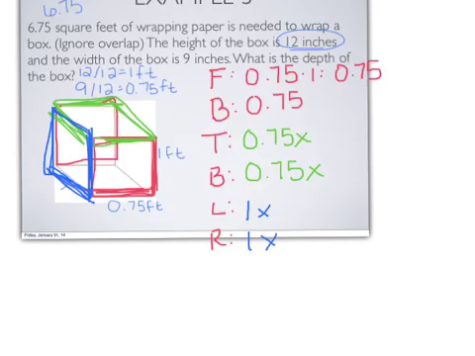There's a piece of information in this problem we haven't done anything with. Nick? You combine them all and set it equal to the 6.75? Yeah, that's exactly right. I know that my total surface area needs to be that 6.75.